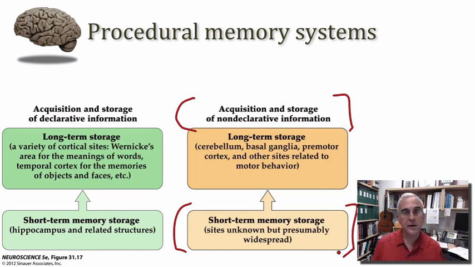Now, we know this because in functional magnetic resonance imaging studies, for example, when human subjects are confronted with a challenging motor skill, activity in the cerebellum is significantly modulated as these kinds of skills are being acquired.